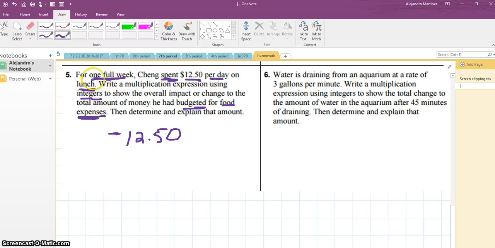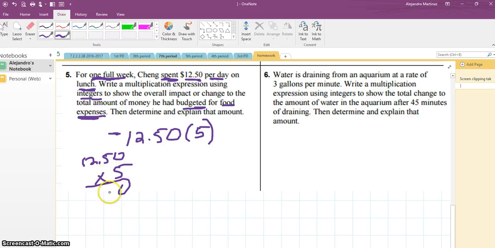So, una semana entera. He is a student, so how many days of the week do you go to school? So you go from Monday to Friday, you go 5 days. Okay. So I think there, if I go 5 days, well, $12.50 per day, so $12.50 times 5.